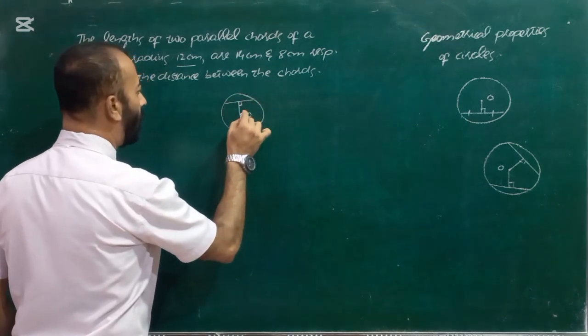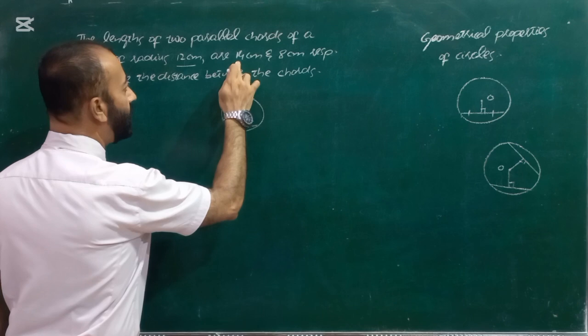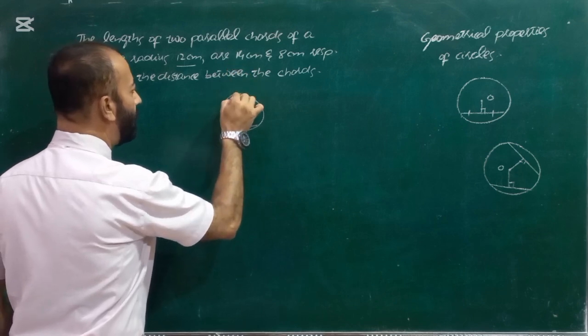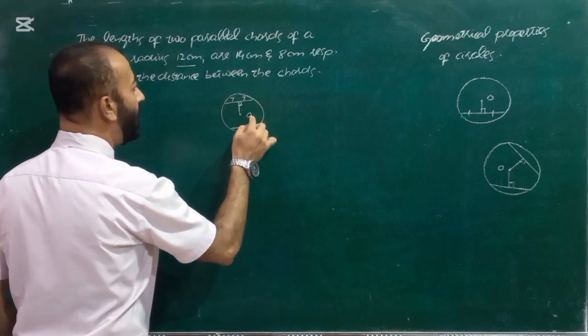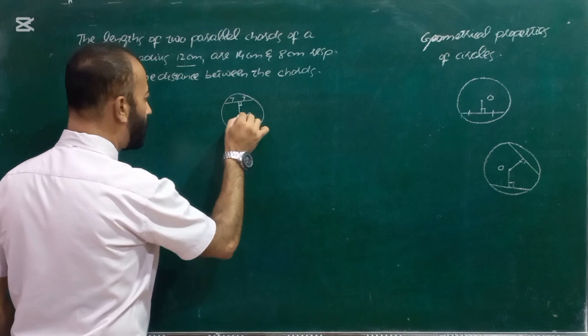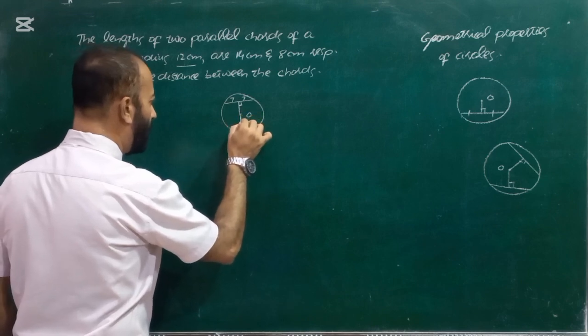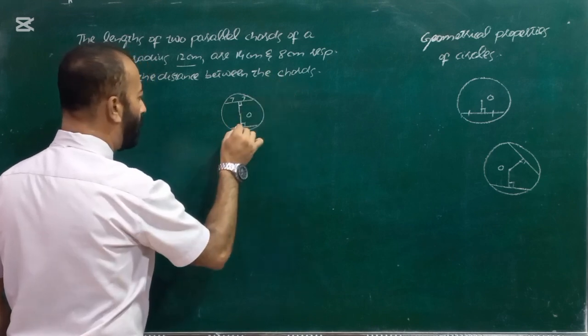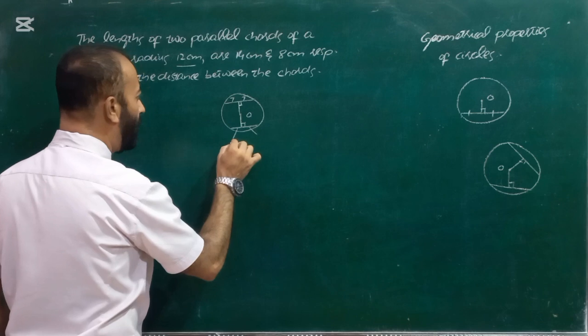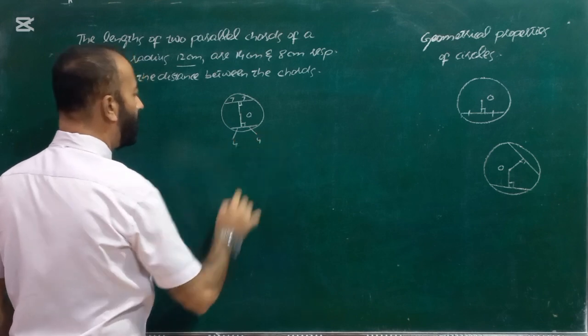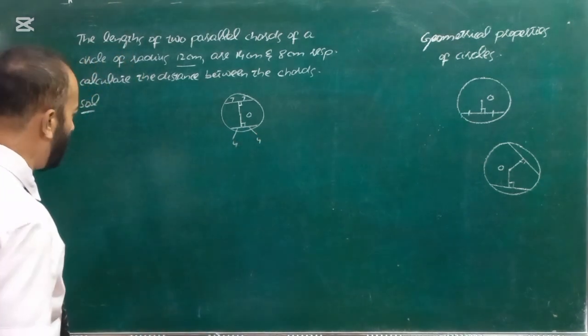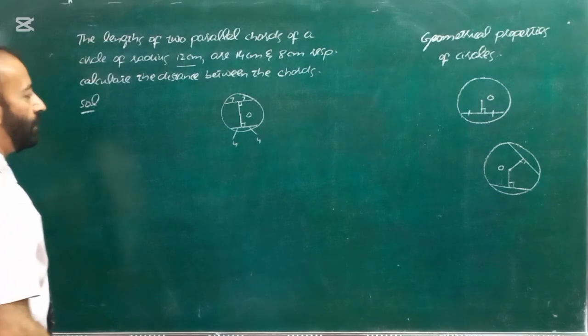If we draw perpendiculars to the chords, they will be bisected. So 7 will be here and 7 will be here, and here is 8. So if we draw the perpendicular from here to here, 4 will be here and 4 will be here. So this is the first case which we are going to solve.